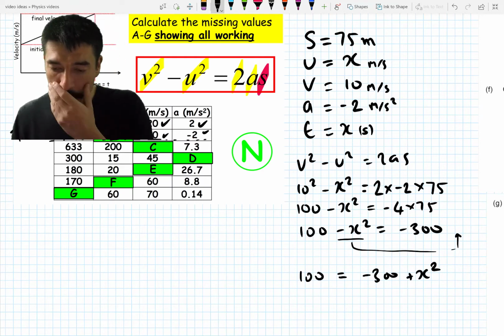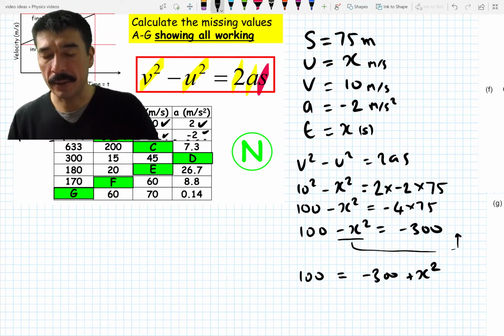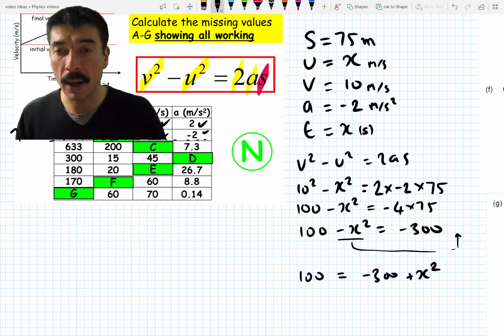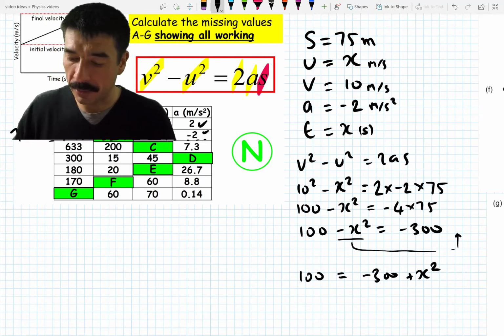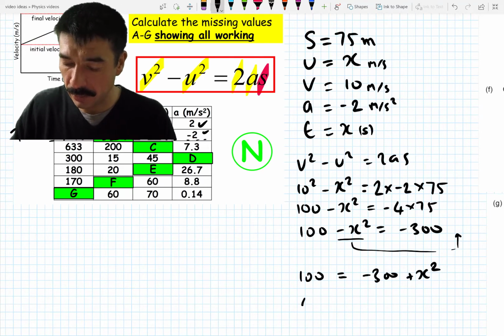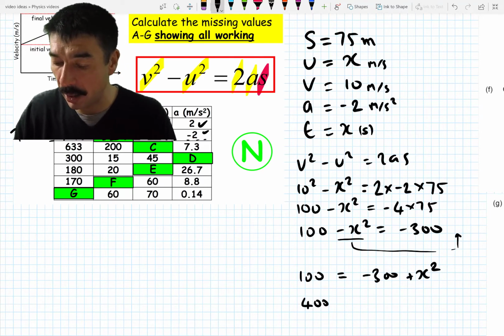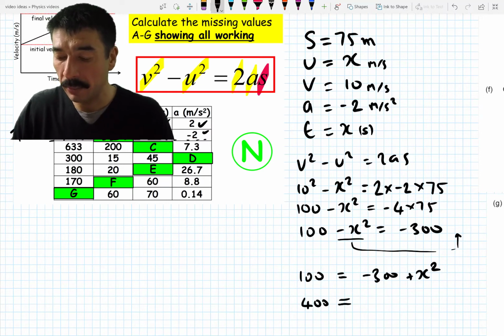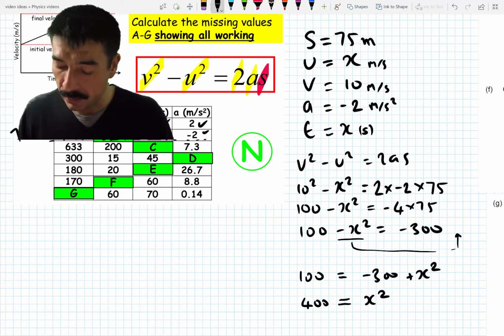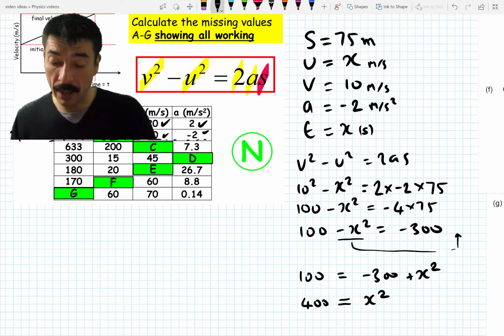Okay, so that's got the x squared onto one side. Now I've got -300. What shall I do with that? If I add 300 to both sides of the equation, I get 400 on this side, and -300 plus 300 will be equal to 0 plus x squared. Okay, so now I've got x squared equals 400.